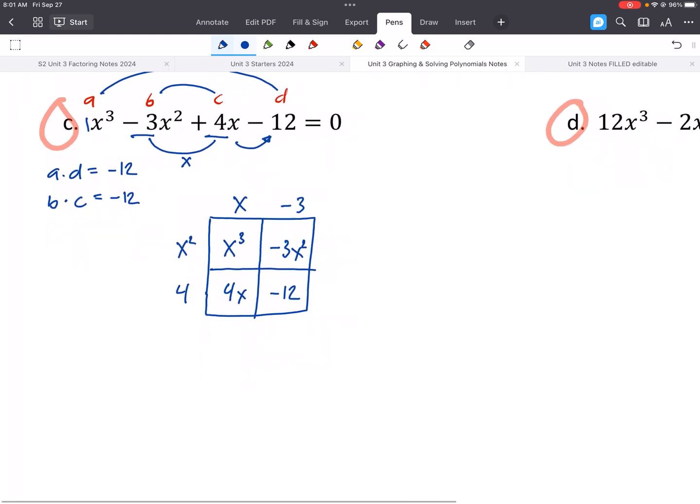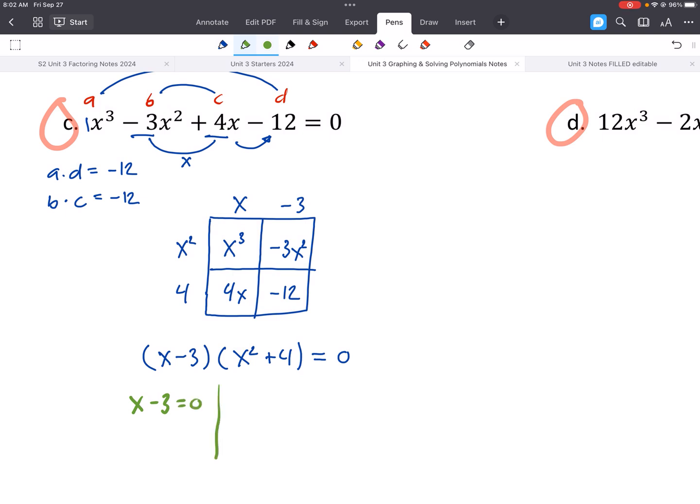And then we'll have these two factors: x minus 3 and x squared plus 4 is equal to 0. And then we could just solve, just like we did with a quadratic. We set each of the factors equal to 0. So either x minus 3 has got to be 0, or x squared plus 4 has got to be equal to 0.